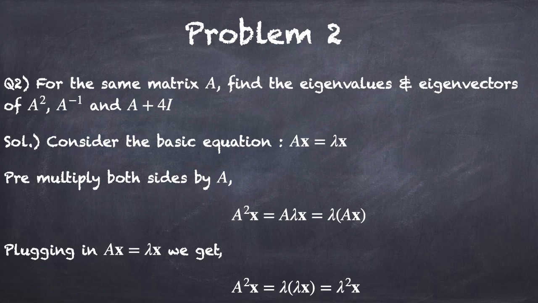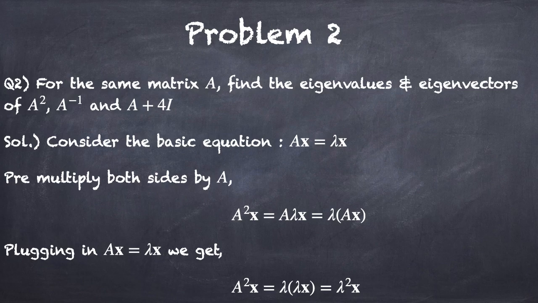Okay, before we move on to these problems, let's derive the basic equations for A squared, A inverse, and A plus 4I. So consider the basic equation Ax equals lambda x. We pre-multiply A on both sides, and we get A squared x equals A times lambda x.